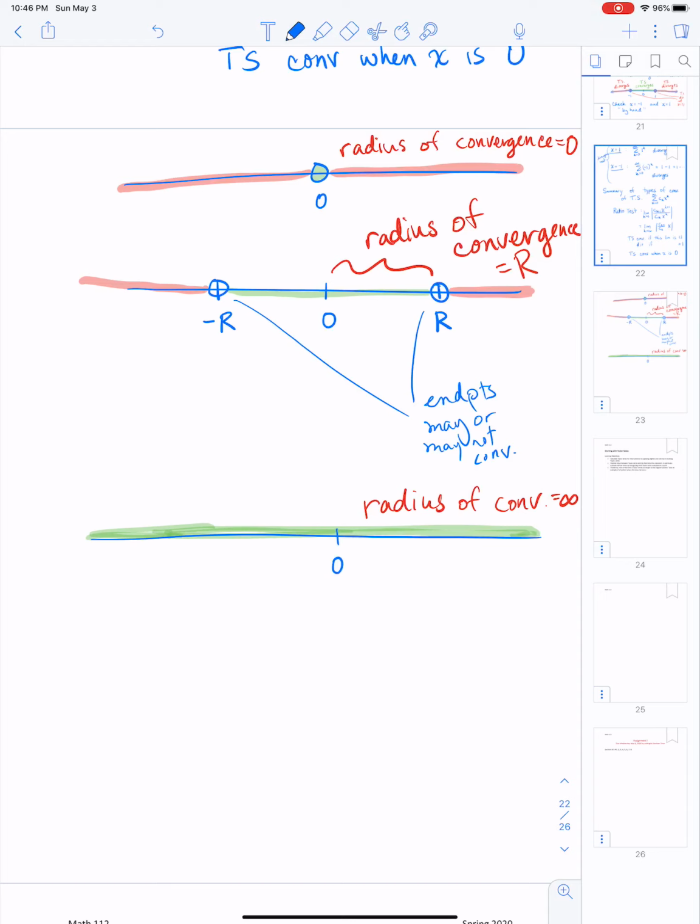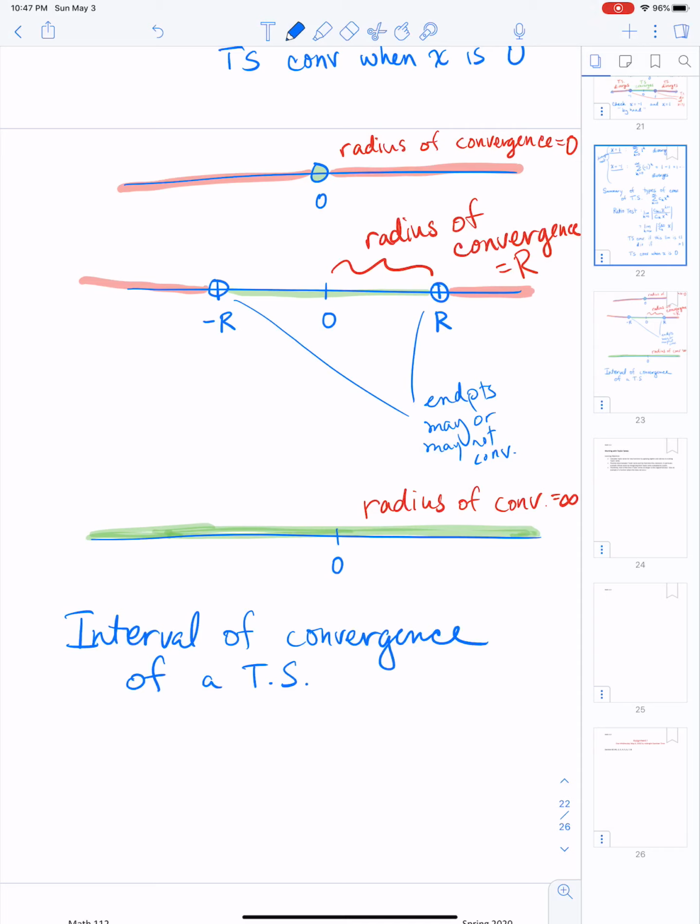About these three scenarios that I mentioned previously, and just to introduce the notation, the interval of convergence of a Taylor series.